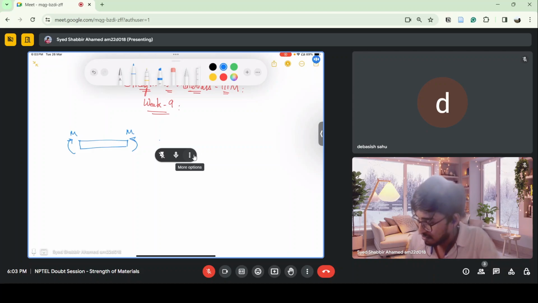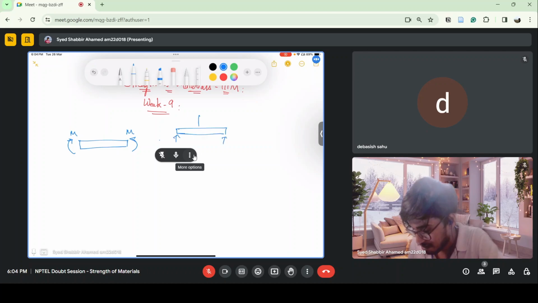So in this week, we have moved on to shear, like how shear is impacting the structure and how shear stresses are developed. We have seen in the lecture a beam, a 3-point bending problem.